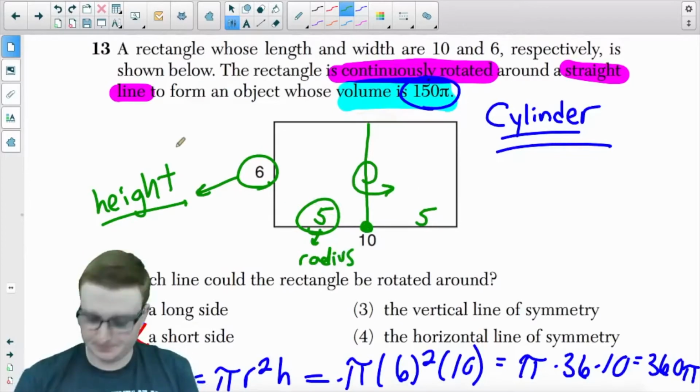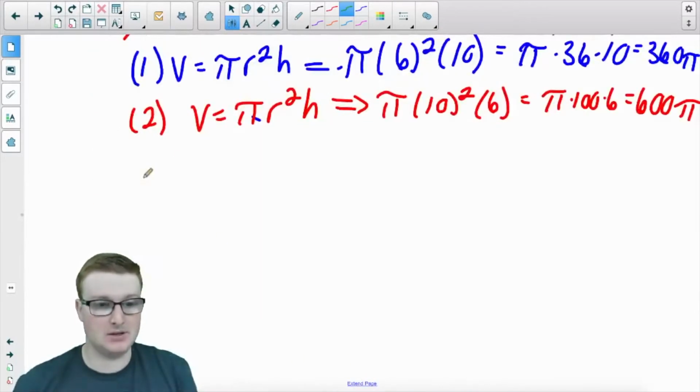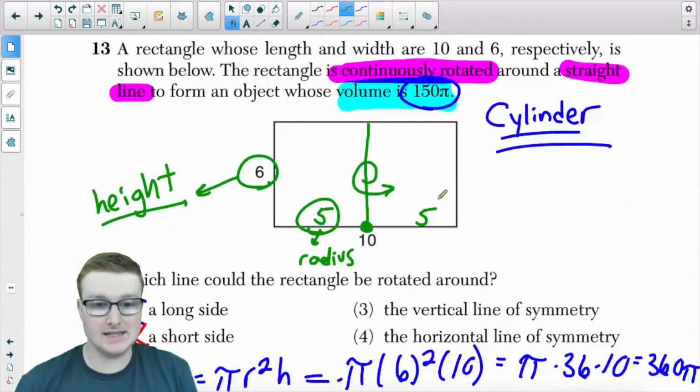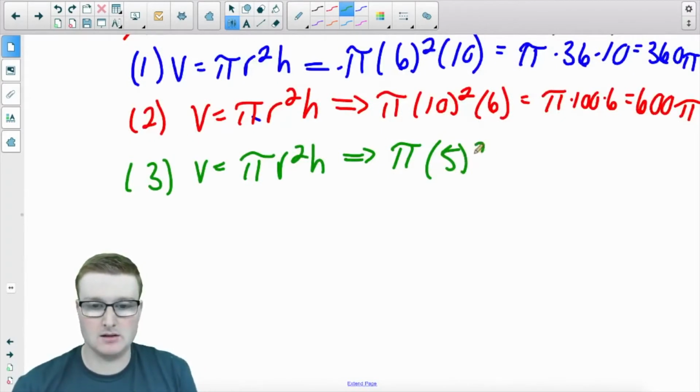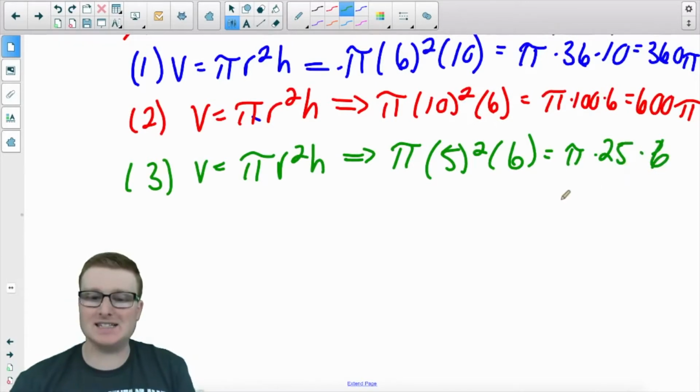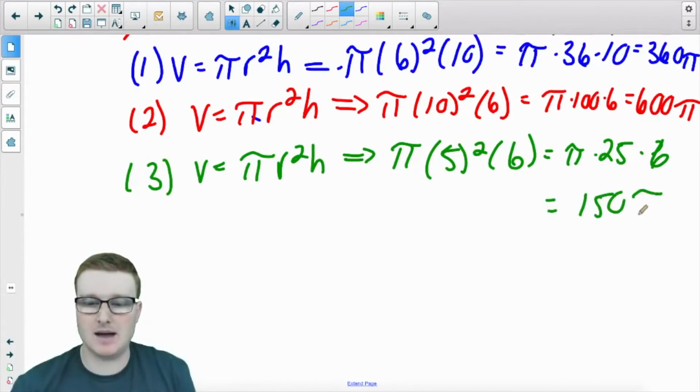So let's go ahead and calculate it. Number 3, again, V equals pi r squared times the height. This will give you pi, the radius is 5, the height is 6. This will give you pi times 25 times 6. 25 times 6 is 150, smack on the pi.